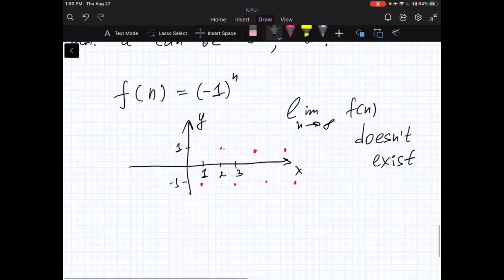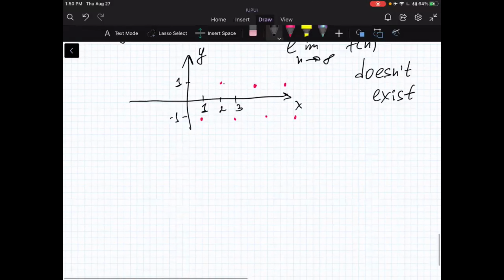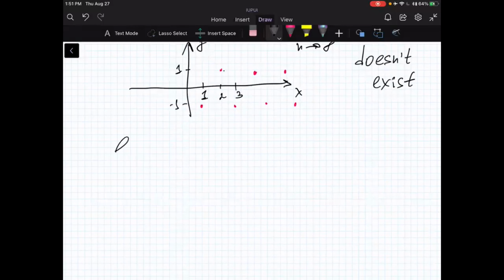Okay. Sometimes, and it's not covered in the textbook, but that's what surprised me, you can get that the limit is infinity. For example, what is the limit of x when x goes to infinity? It should be infinity itself, right?